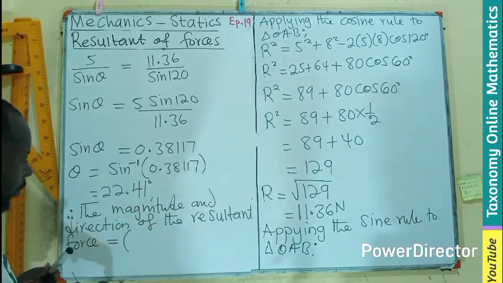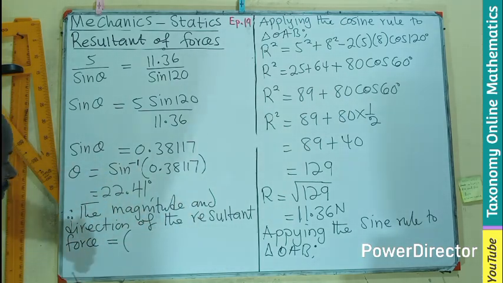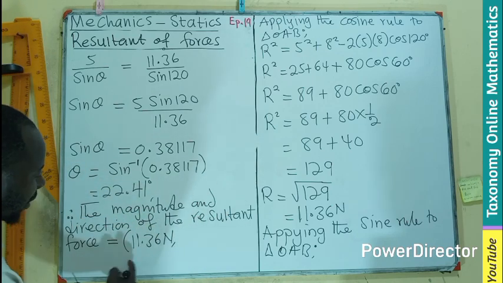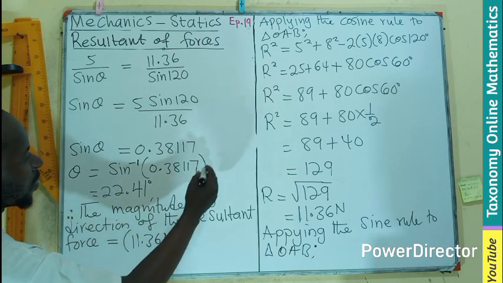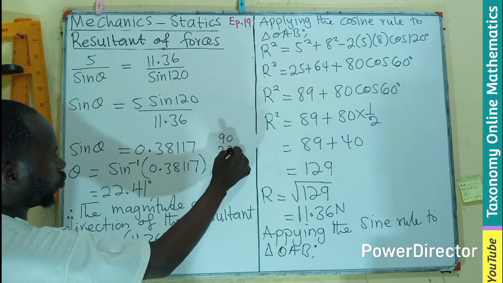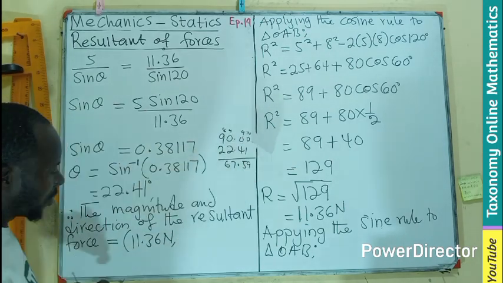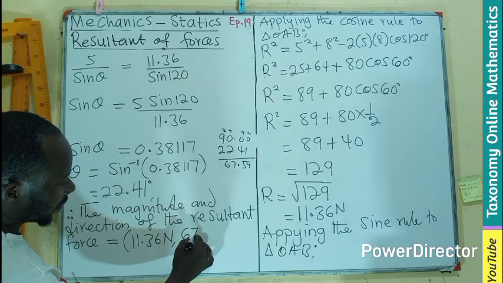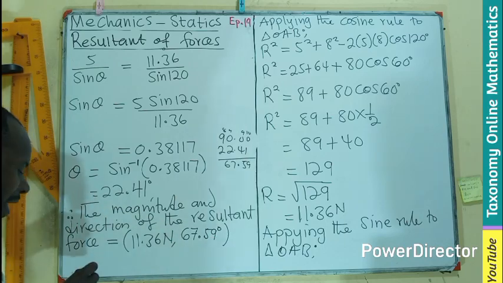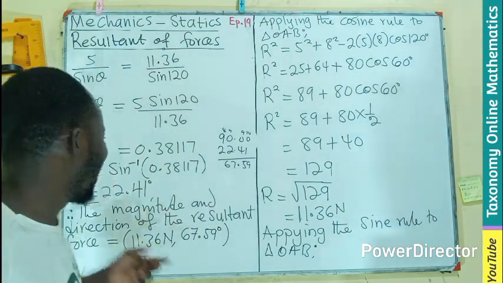Therefore, the magnitude and the direction of the resultant force will be: the magnitude is 11.36 Newton, and the direction is 90 minus 22.41, which gives 67.59 degrees.